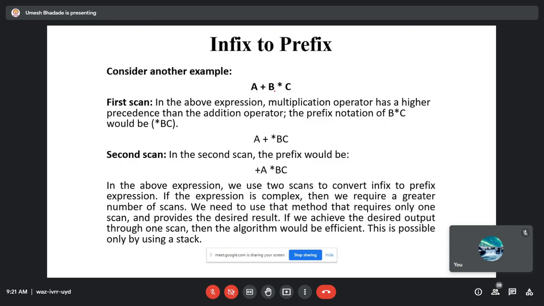In the above expression, multiplication has higher precedence than addition, and that's why we will first consider BC and put star before it, and then we have A as another operand. So we will use plus A star BC.